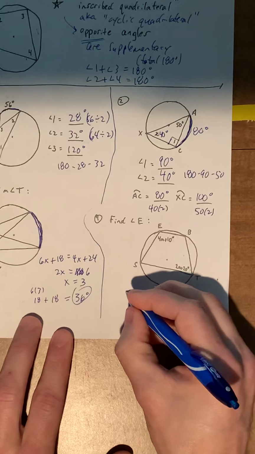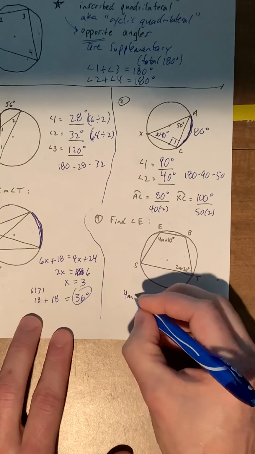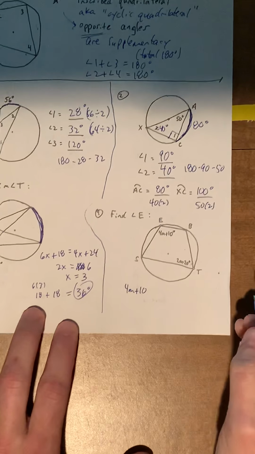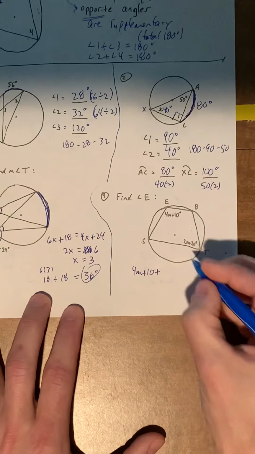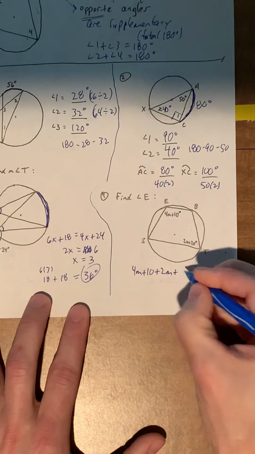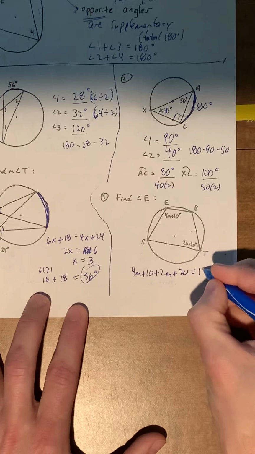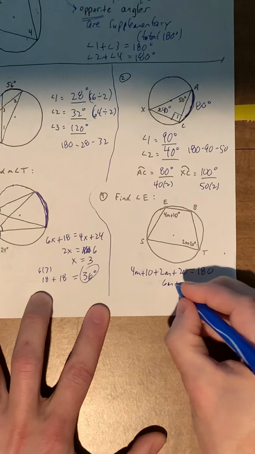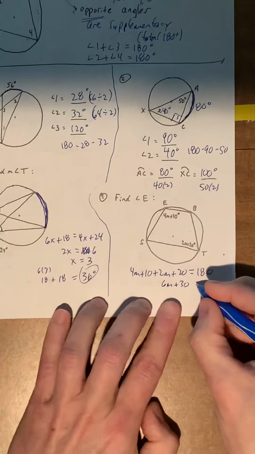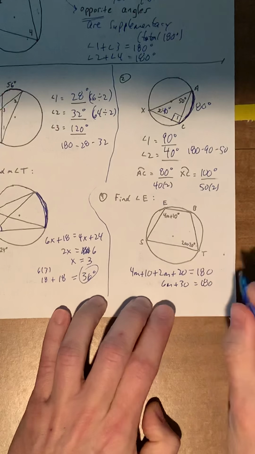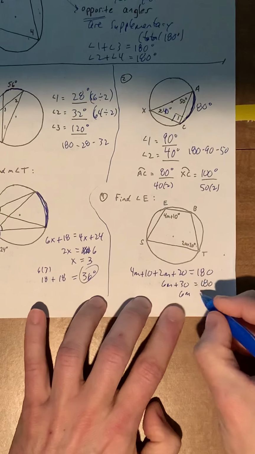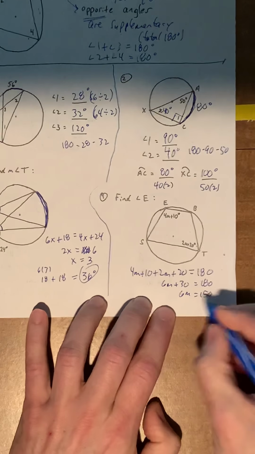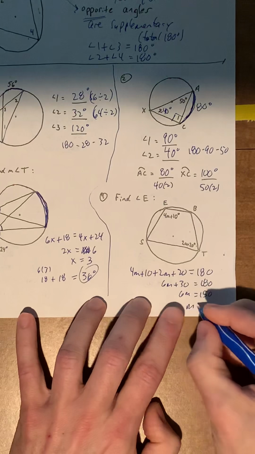All right, so we can just simply add them together, the 4m plus 10 angle, add it to the 2m plus 20 angle, equals 180 total. That's 6m plus 30 when you combine like terms. A little bit of algebra. Subtract 30 to get 150. Divide by 6 and m is 25.